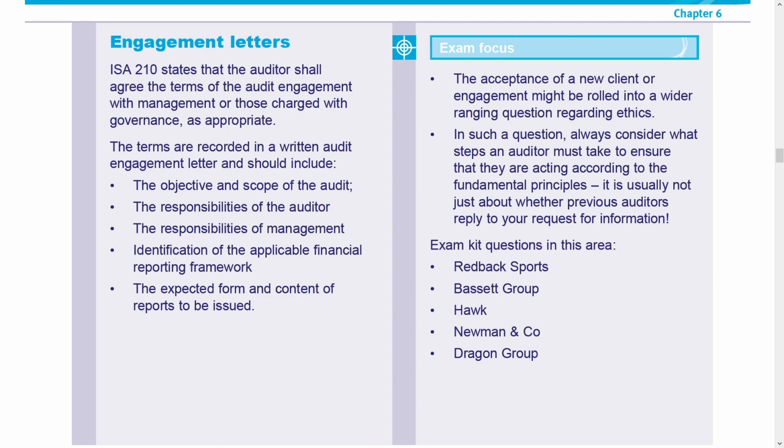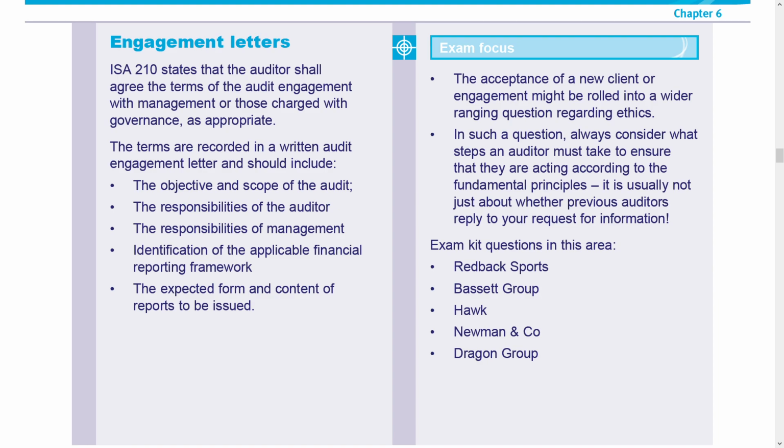What does ISA 210 say about engagement letters? It states that the auditor shall agree the terms of the audit engagement with the management or those charged with governance as appropriate. You have to agree. The terms are recorded in a written audit engagement letter and should include the following. The terms are not recorded verbally. They are recorded in a written audit engagement letter only.